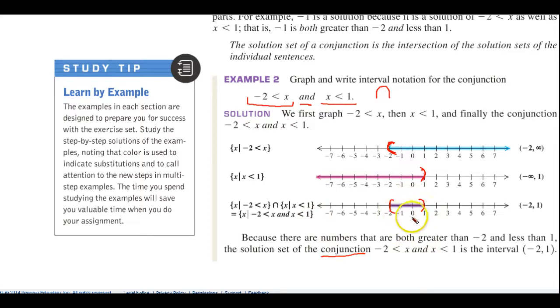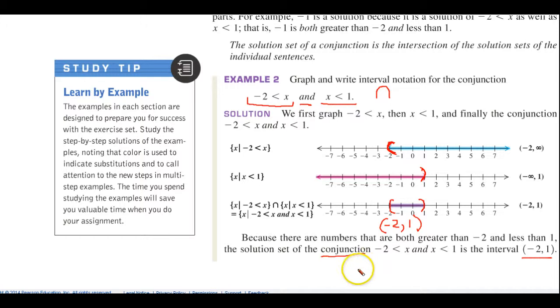Now in interval notation, again, looking at the graph carefully, you see that you're starting with a parenthesis at negative 2, comma, and going to a 1 parenthesis. That is your interval notation.